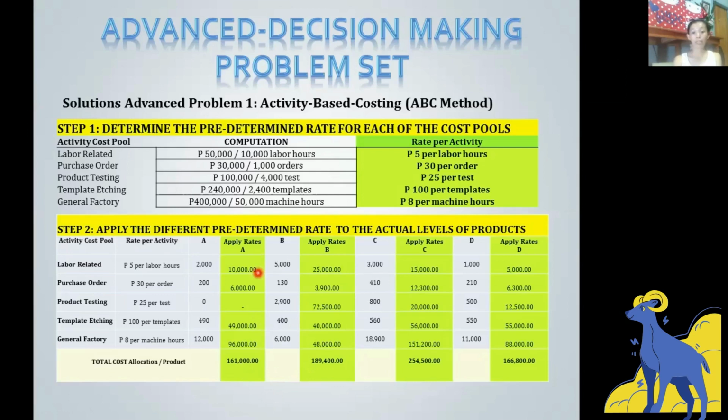For product A, we divide this cost by the number of units and we arrive at the unit cost per product. So if there are 1,000 units of product A, the unit cost therefore is 161,000 divided by 1,000 units. We arrive at 161 pesos per unit of A.